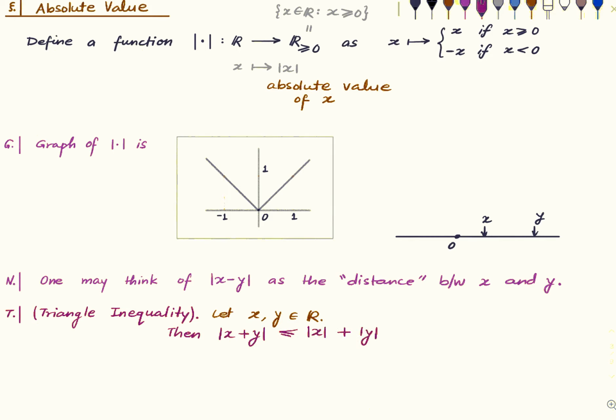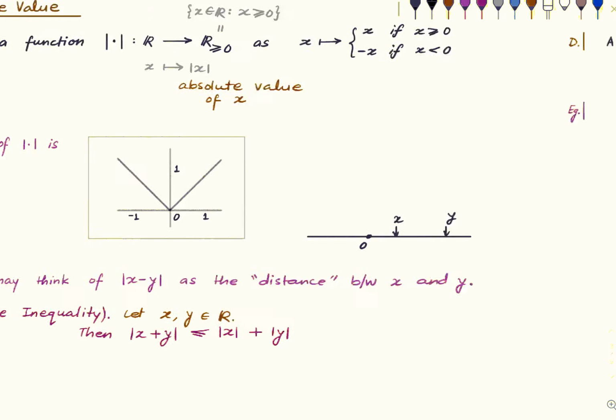There's a reason why this is called the triangle inequality, but let us not get into that. This is what it says, and you can prove it as an exercise. All right, so this is just a quick recollection of the absolute value function.